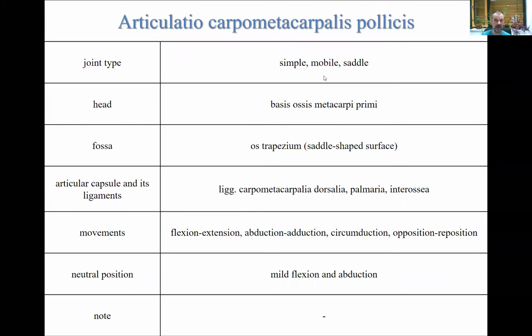It is a simple mobile one, but it has a saddle shape. We have already talked about that during the general arthrology. The head is the base of the first metacarpal. The fossa is the trapezoid bone. And in between we find the saddle-shaped surface.